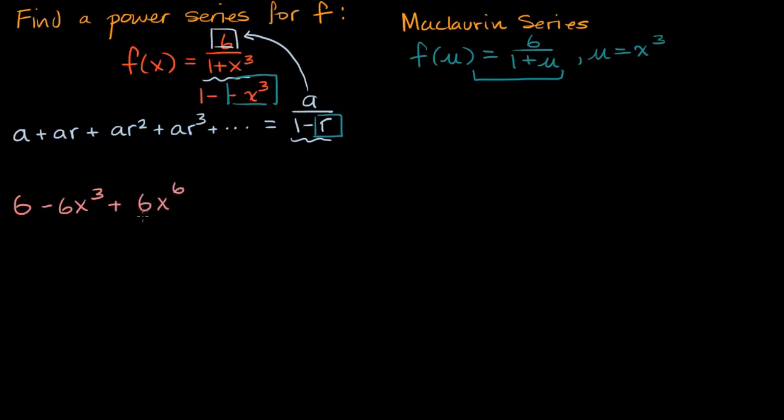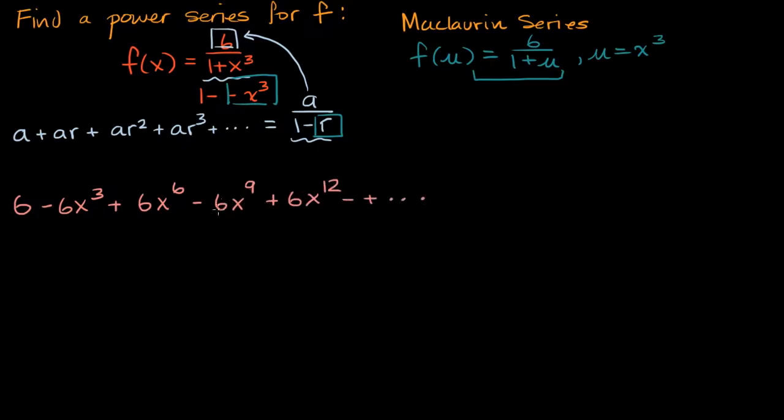And then I'm going to multiply by negative x to the third again. So it's going to be minus 6 times x to the 9th power. And then I could keep going. I'll multiply times negative x to the third. I will get 6x to the 12th power. And we can go on and on and on forever.